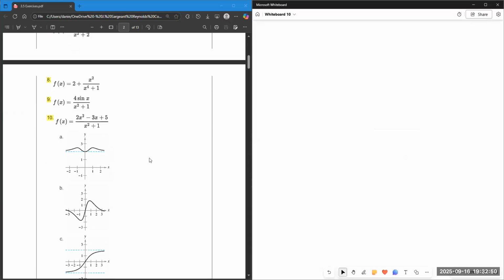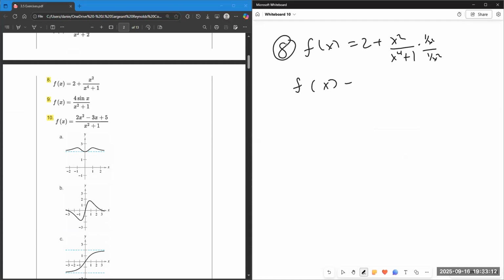Number 8 says that f of x is equal to 2 plus x squared over x to the 4th plus 1. So I again am going to multiply by 1 over x squared over 1 over x squared, just to this part that has the x's. I'll leave the part that's the constant 2 alone. So f of x is equal to 2 plus 1 over x squared plus 1 over x squared.